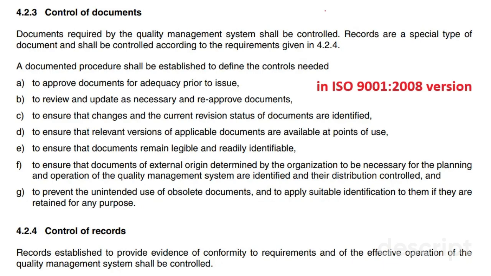So there are two types of documents the standard was pretty categorical about: documents and records. The easy way to explain a document is something that guides and provides instructions to execute or control a process. It can be a policy, a procedure, a process standard or a product standard, anything that guides to control and execute a process.